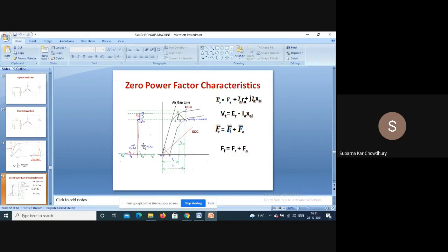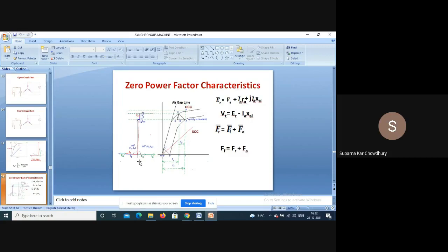That is, if we plot the phasor diagram, this is our EF. So FF will lead EF by 90 degrees. Now we have a zero power factor current IA. Now this is VT, the terminal voltage. IA is lagging by 90 degrees. So VT plus IARA plus IAXAL, the leakage reactance drop, will be your ER.